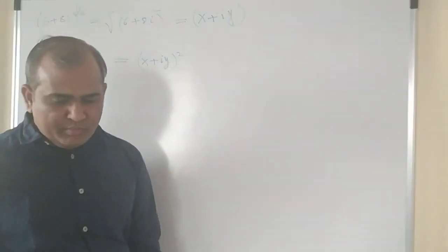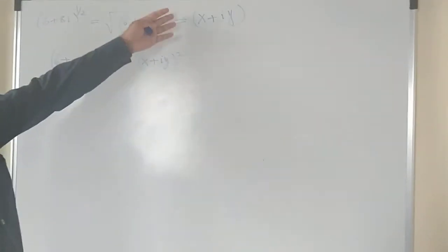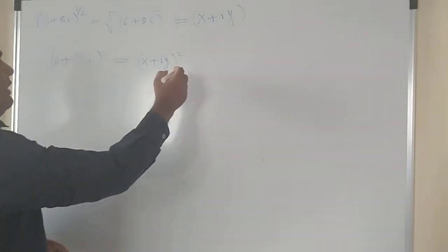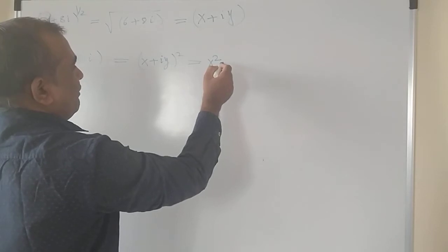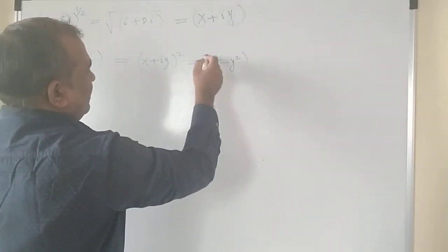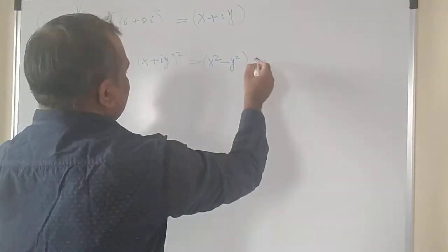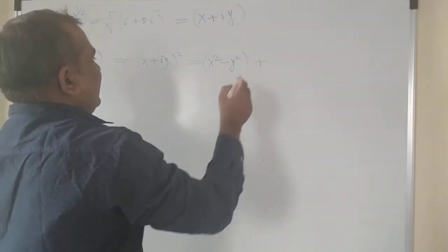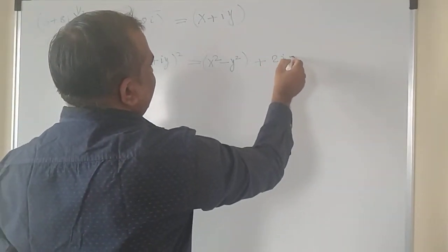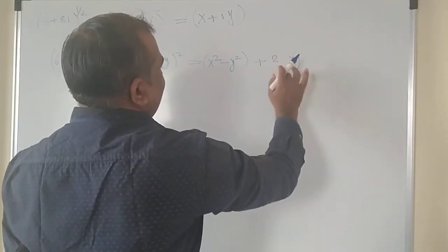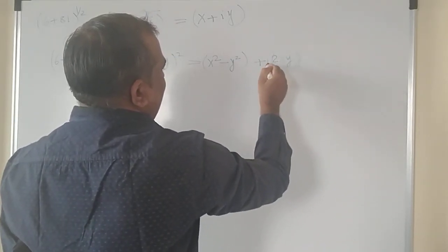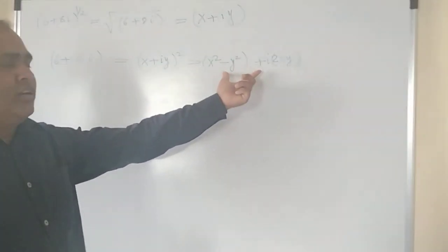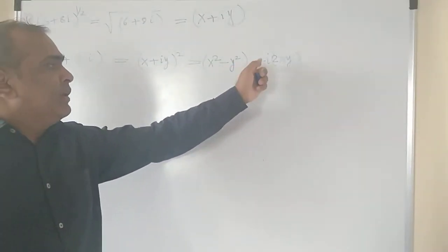After squaring this bracket, you will get x square minus y square plus 2 times the multiplication of these two, so 2xy into i. Let me write 2xy in the bracket and i outside, so that after squaring you get the number in the form of x plus iy.